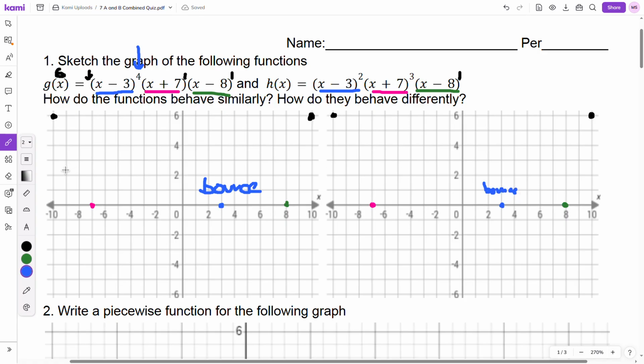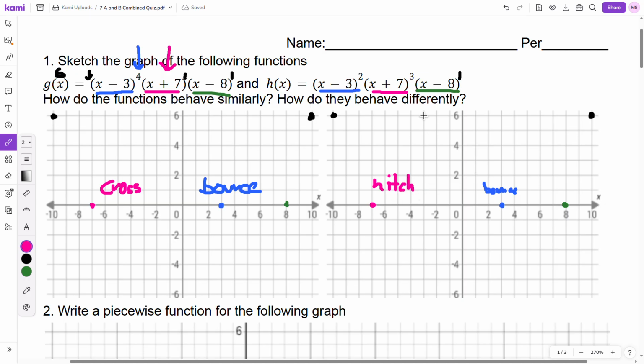All right, and then x plus 7. This one here is just a simple cross. So I'm just going to write cross. But over here, x plus 7 is a hitch because it is degree 3.